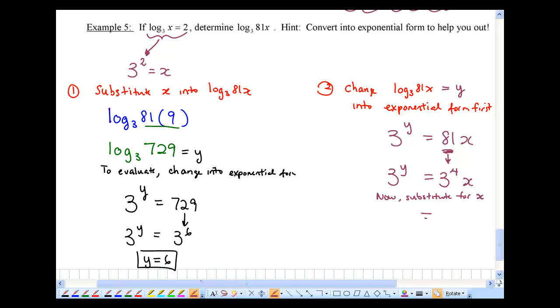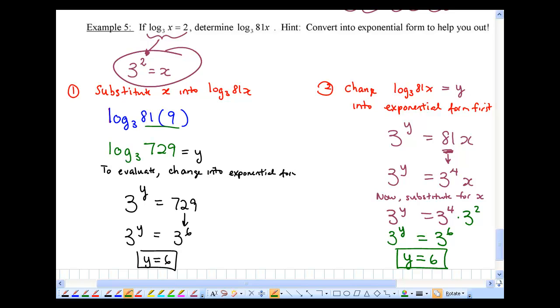And in this case, x is the same thing as, we'll look up here, yeah, there's x. So that's now going to be 3 to the power of y equals 3 to the power of 4 times 3 to the power of 2. And when the bases are the same, you can just add the exponents together. So 3 to the power of y equals 3 to the power of 6. And lo and behold, y is equal to, you got it, 6.